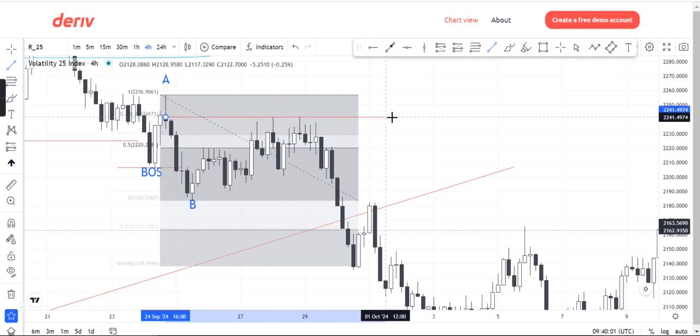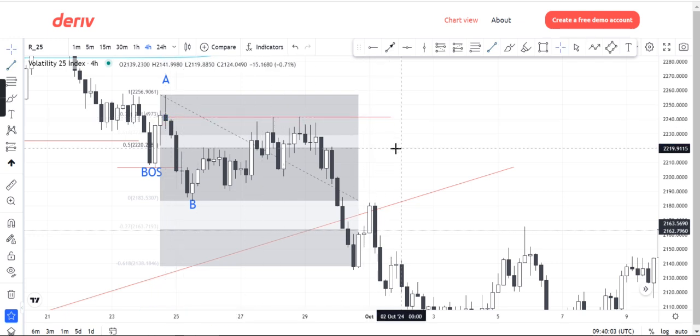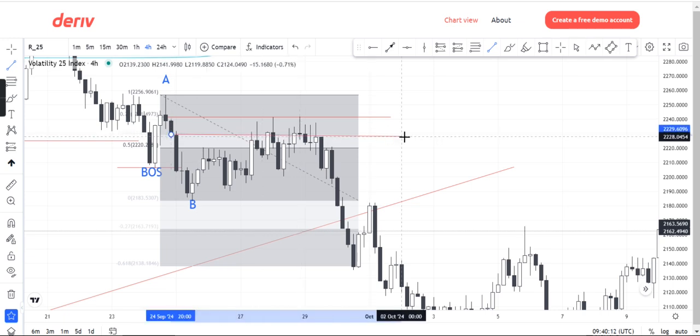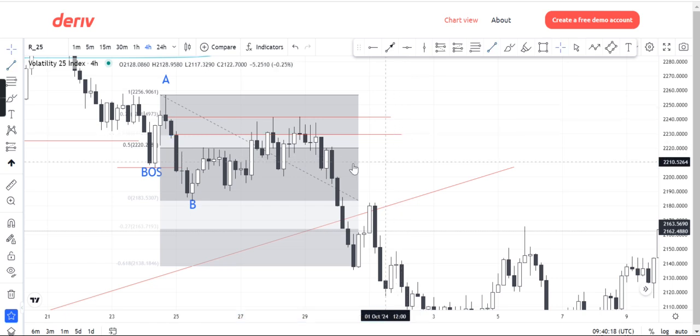One is we look out for market to get into this 0.79 level as our second entry, or we look out for market to get into this level as our first entry.